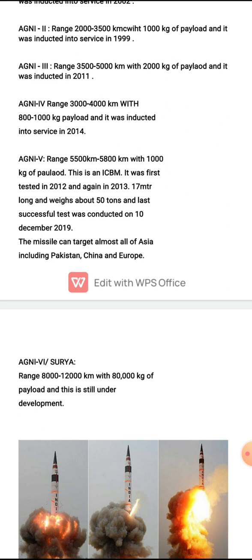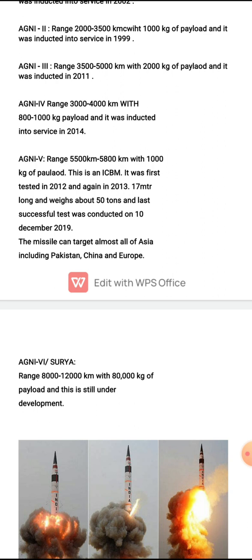Its latest version, Agni 6 or Surya missile, is also being developed. Currently it is in the development phase. It hasn't been developed yet, but DRDO is working on it. The Agni 6 missile would be a hypersonic missile. Generally, in the current scenario, only a few countries have hypersonic technology, Russia and China.